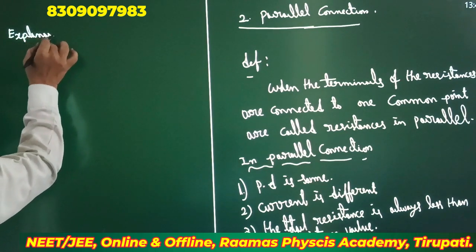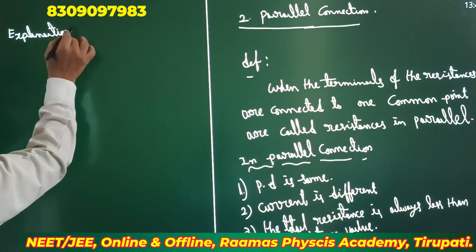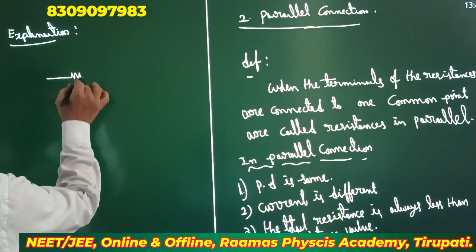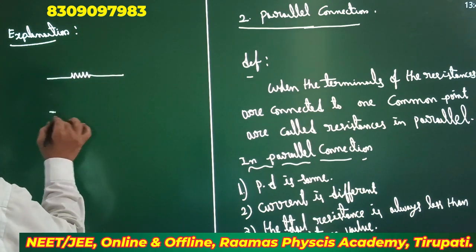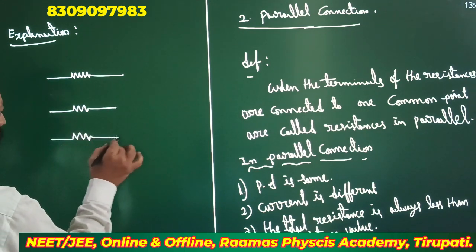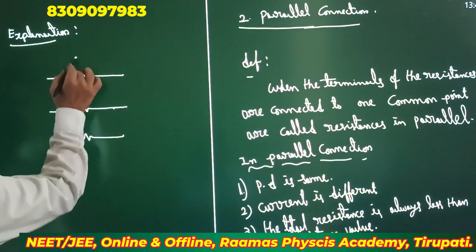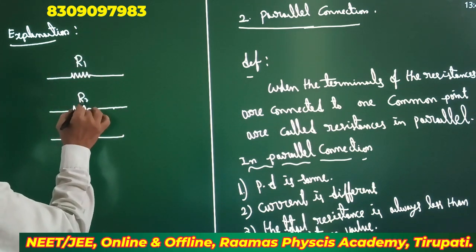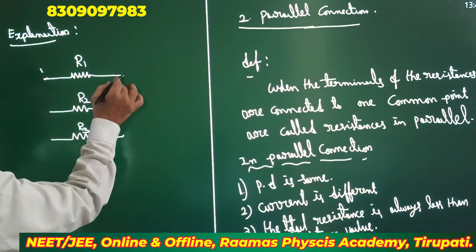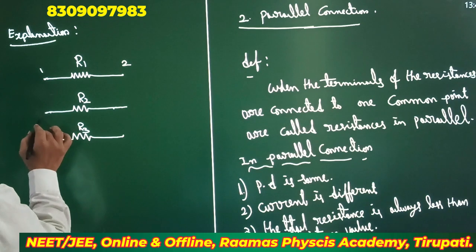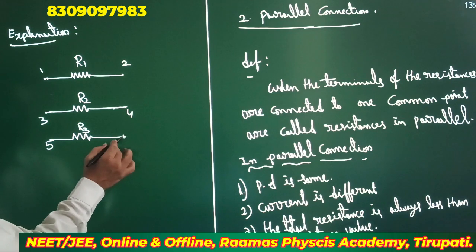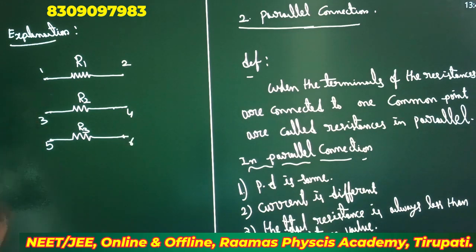Explanation. Taking three resistors, this is R1, R2, R3. I can put terminals 1, 2, 3, 4, 5, 6. They are connected to one common point.